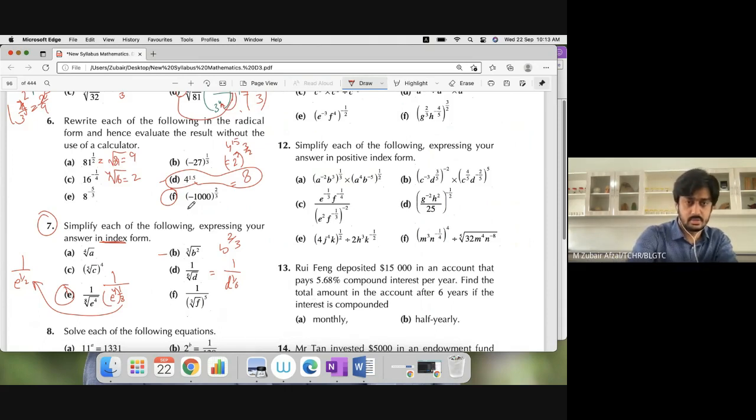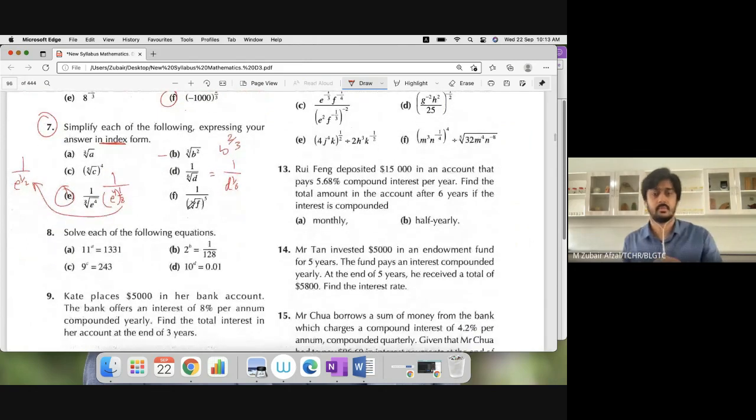Now look at this question, the 8th question. If we look at part C first, this is 9 square. And when we look at 243, I cannot think of 9, but I can think of 3 for both of them. 3 square is actually 9, and 9 times 3 is 27. 27 times 3 is 81. 81 times 3 is 243.